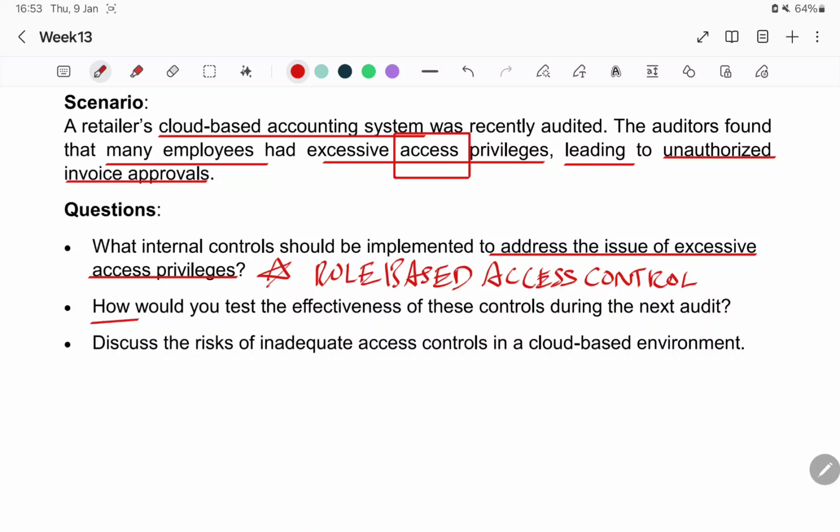So discuss the risk of inadequate access control in a cloud-based environment. Second question, you don't understand how? How do you not understand?